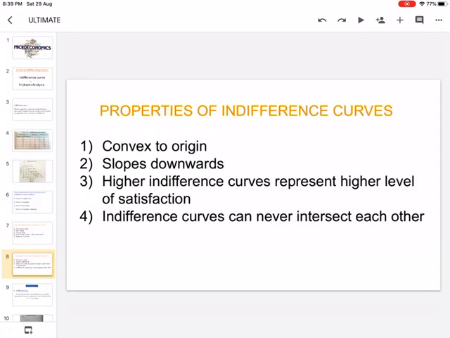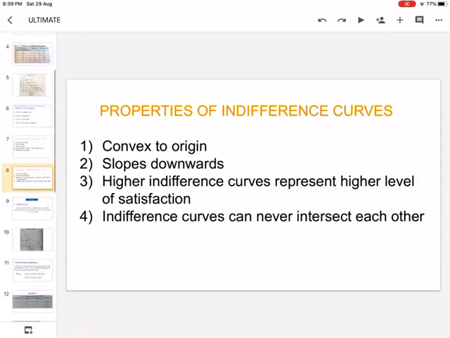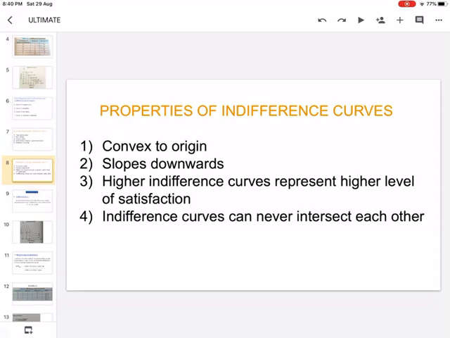Okay? Now, what are the properties which are associated with indifference curve? Let us see. One of the properties is that indifference curves are convex to the origin. Now, an indifference curve is convex to the origin because of diminishing marginal rate of substitution.